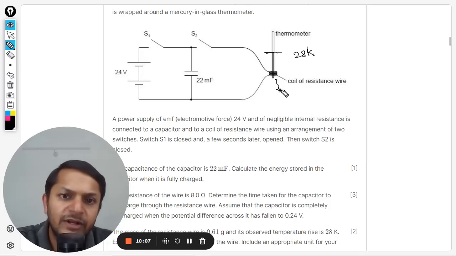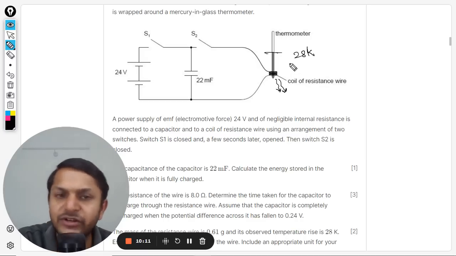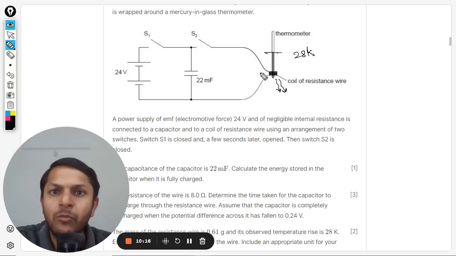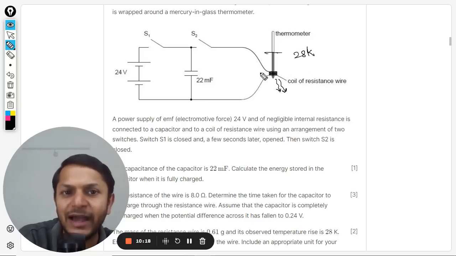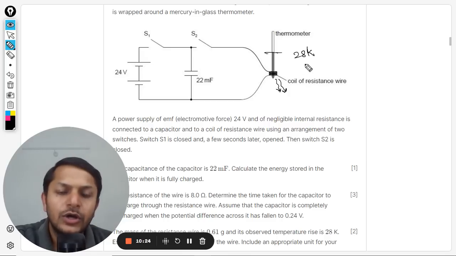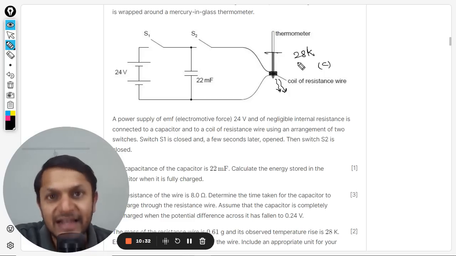So some heat will be lost to the surroundings or the environment. Some heat will be taken by the thermometer itself. So definitely there is more heat that was actually given by the resistor, but the heat which is measured by the thermometer is lesser. So the specific heat that we are now calculating is more, because the temperature rise is lesser.